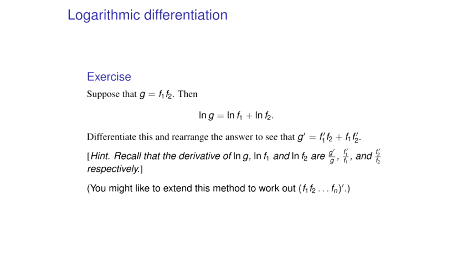As the derivative of log g is g dash over g, and the derivative of log of f1 is f1 dash over f1, and the derivative of log of f2 is f2 dash over f2, you should be able to differentiate this and rearrange the answer and show that g dash is indeed f1 dash f2 plus f1 f2 dash. And you might like to extend this to work out the derivative of a product of n functions, so f1 times f2 all the way up to some fn, all dash.